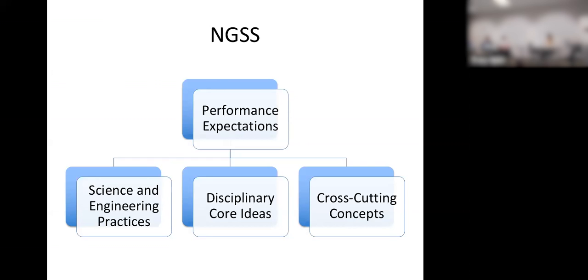What is a performance expectation? What the student should be able to do. That performance expectation integrates those 3 dimensions of the disciplinary core ideas, the practices, and the cross-cutting concepts.